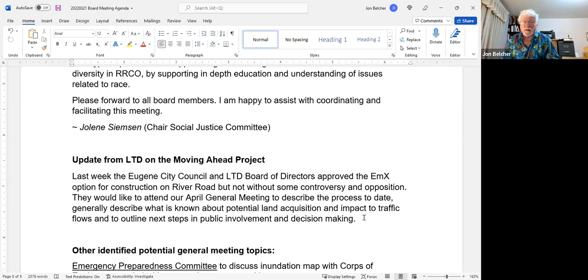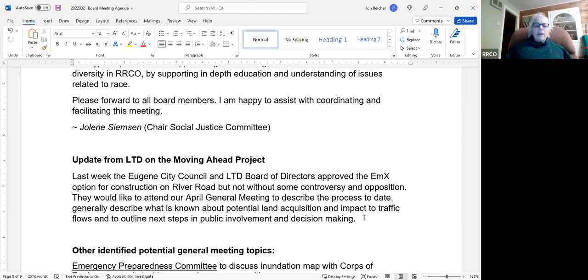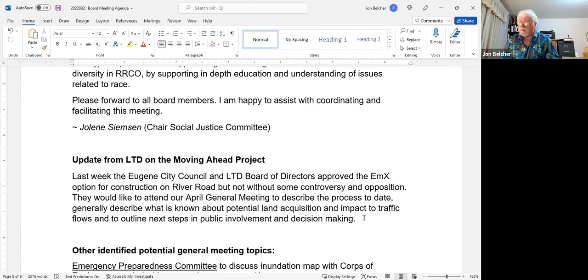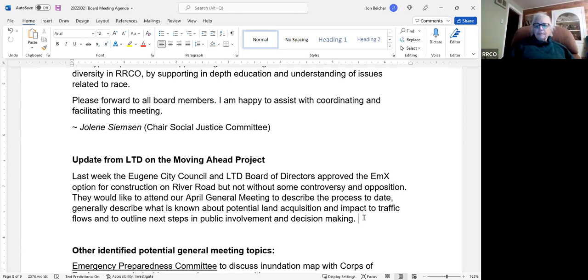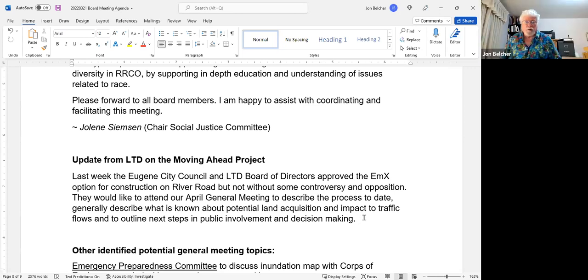The second item is that the city and LTD have just finished approving EMX on River Road to move forward in the planning process. There's one other body, I think it's the MPC, Carlene can tell me whether that's true, who also needs to agree, but they will have done so theoretically by our next general meeting.